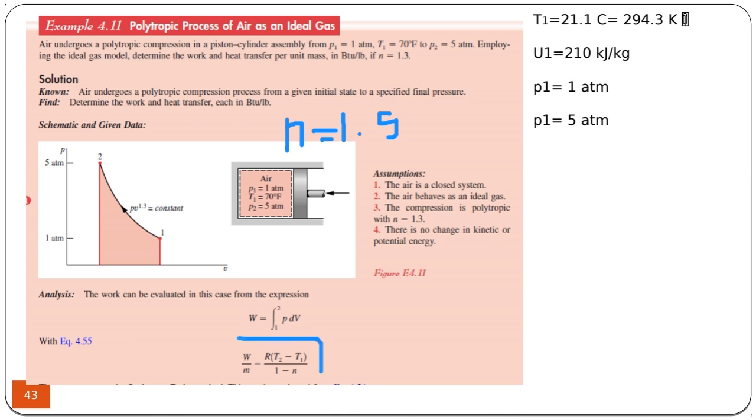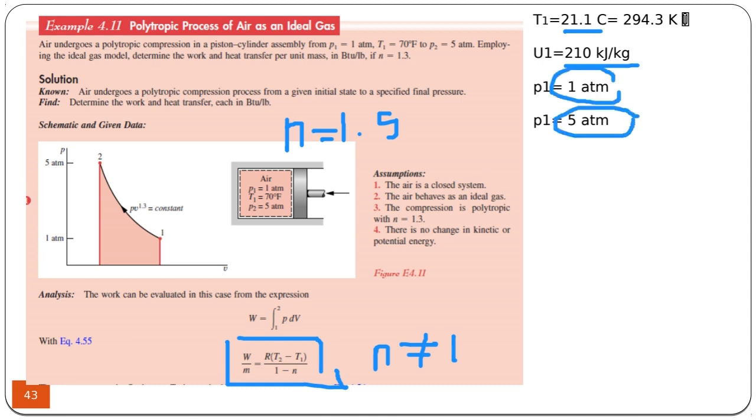This is the work calculation equation that you will be using for the case when n is different from 1. Initially, the gas inside the cylinder was at 21 Celsius, and the table value of the internal energy is 210, and the initial pressure was 1 atmosphere. The final pressure is given as 5 atmosphere.